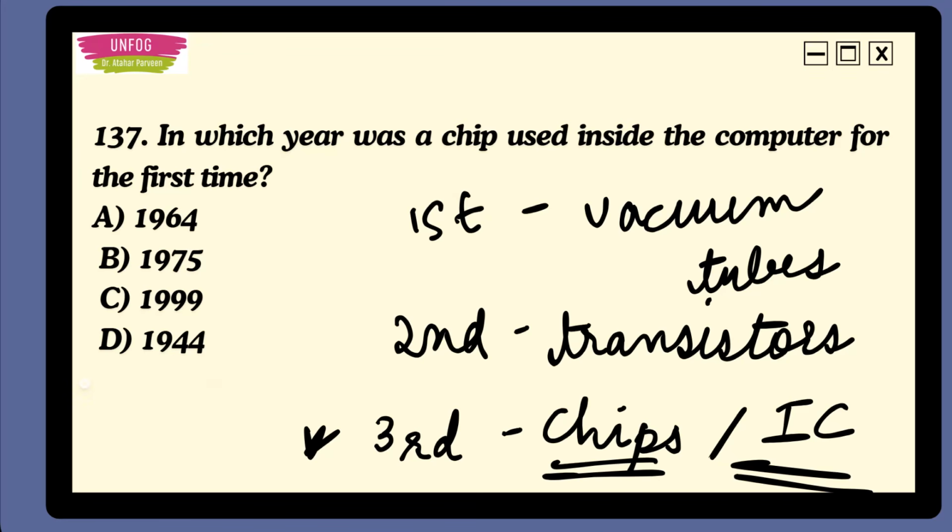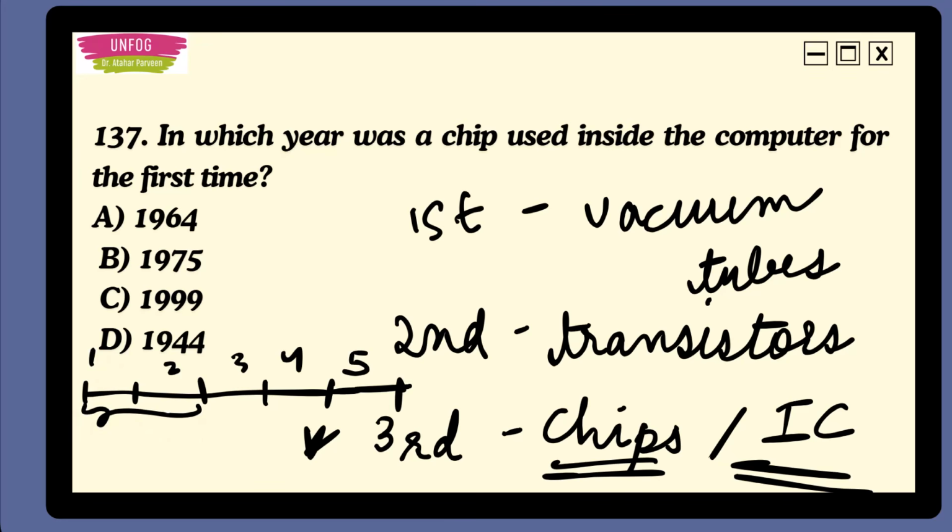So again, timeline you have to make. Don't make an exam. For now you make and just memorize. We learned about first to second generation timelines. 1964 to 1971. This was the timeline for third generation.